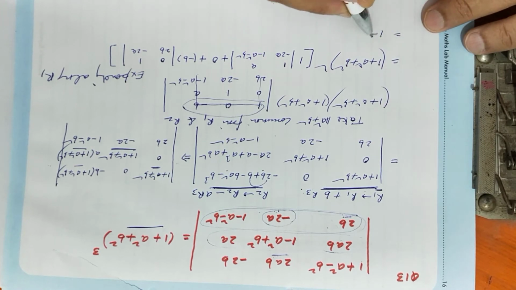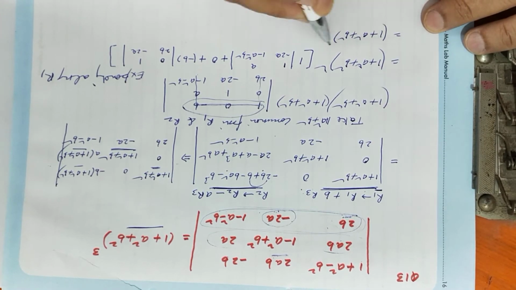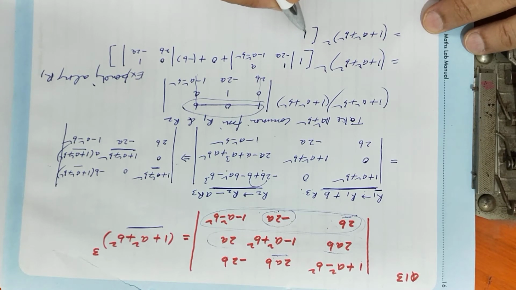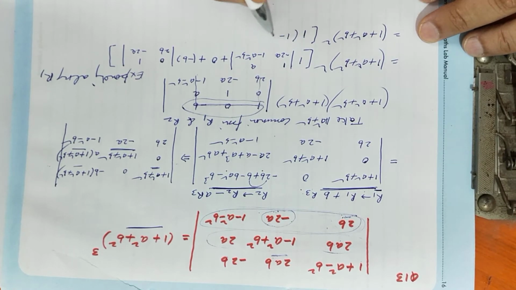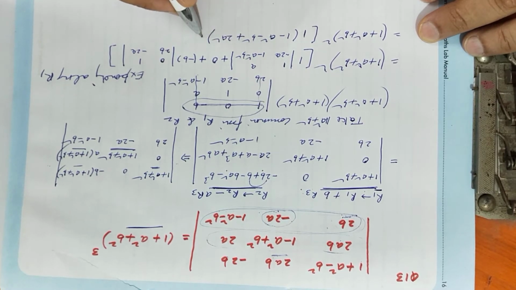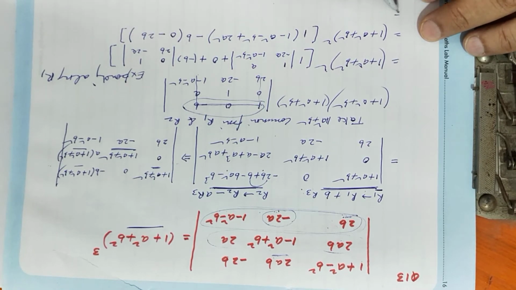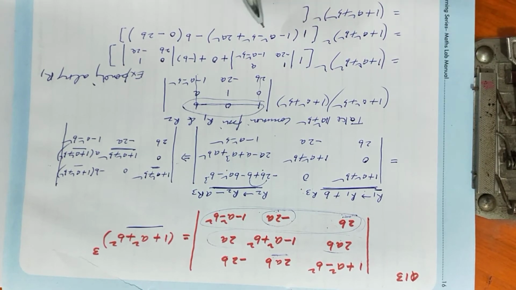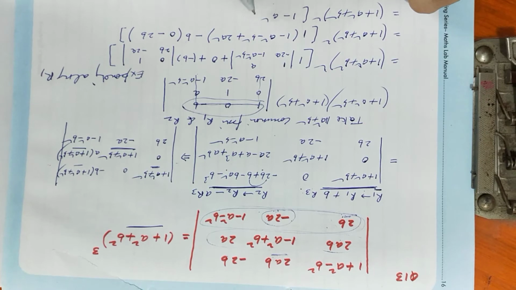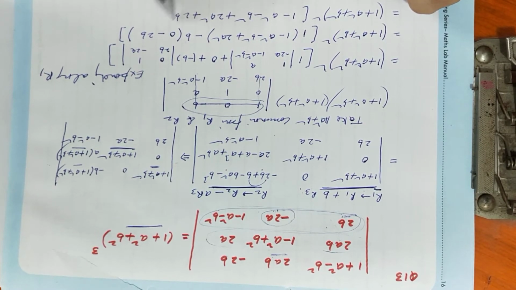Now further simplify it. (1 + a² + b²)², you will get 1 times (1 − a² − b² + 2a²), minus this b times, when you simplify it, you will get 0 − 2b. Okay, so (1 + a² + b²)², and after opening the bracket, you will get 1 − a² − b² + 2a² + 2b².